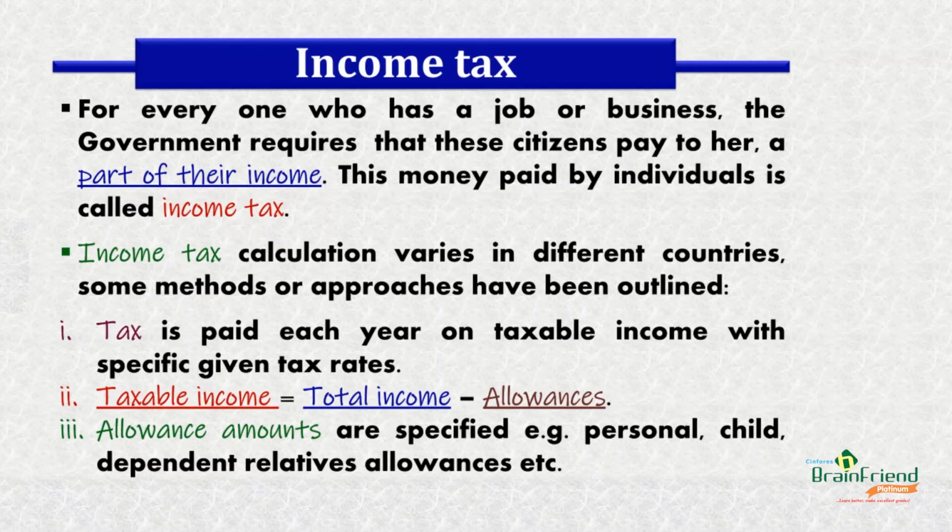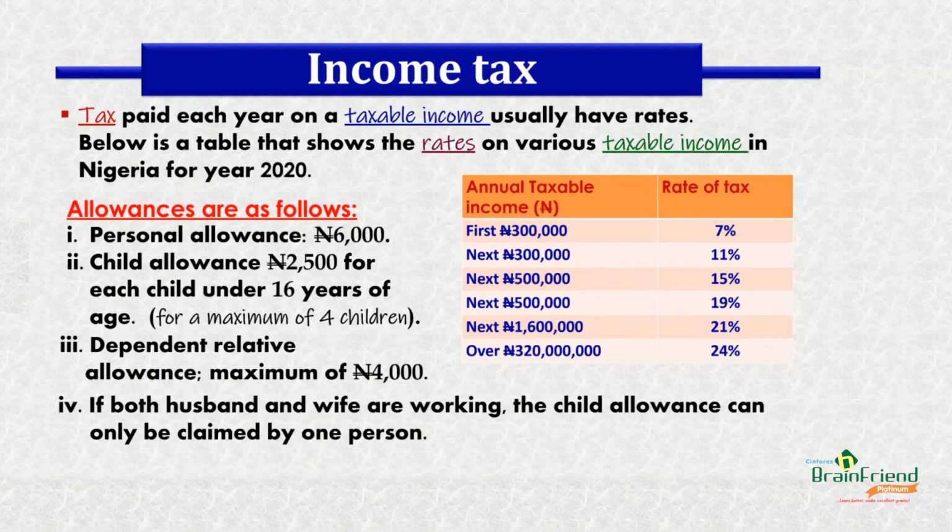For example, personal allowance, child or children allowance, dependent relatives allowances, and so on. Recall I mentioned earlier that tax paid each year on a taxable income usually have rates. Here is a table that shows us the rates as applicable in Nigeria in the year 2020.